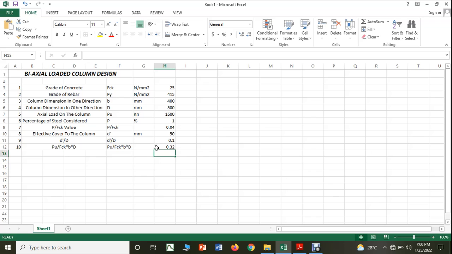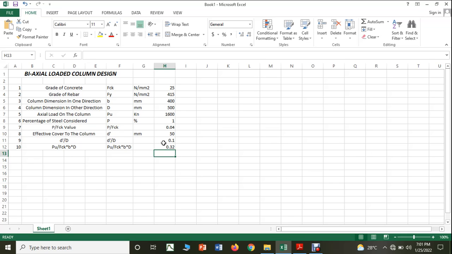Now for the corresponding chart, that means considering the column as a rectangular column and providing the reinforcement on all four sides, d dash by D value as 0.1 and Fe415 as grade of steel. So go to the corresponding chart. According to this, you go to chart 44.